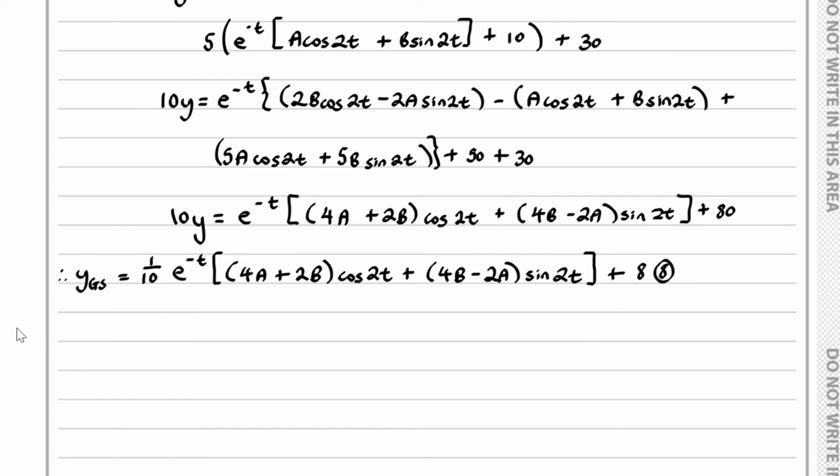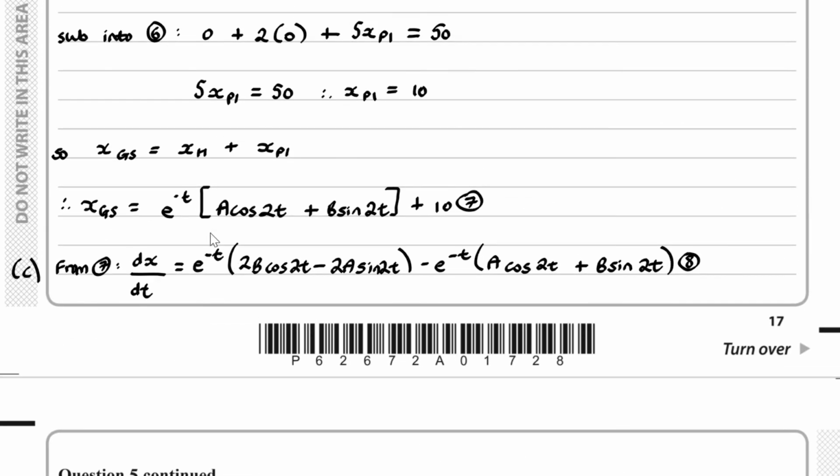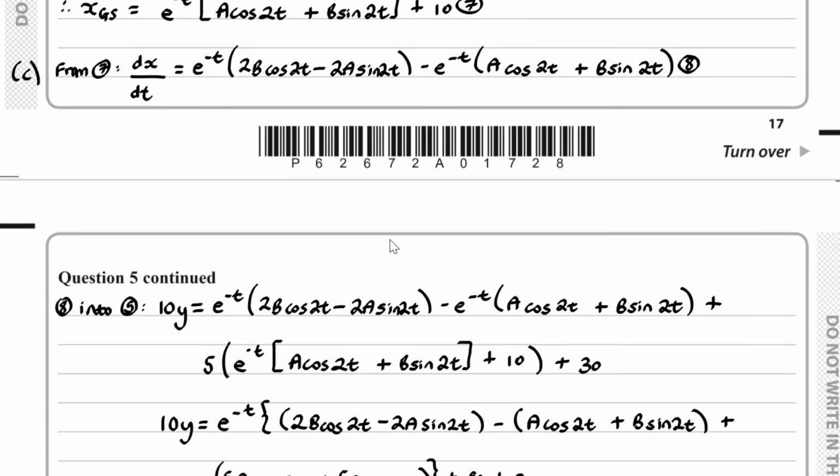So for part D, when t equals 0, x is equal to 2. So we will now be using equation number 7 to find out the values of a and b.